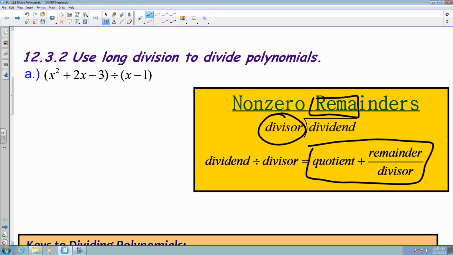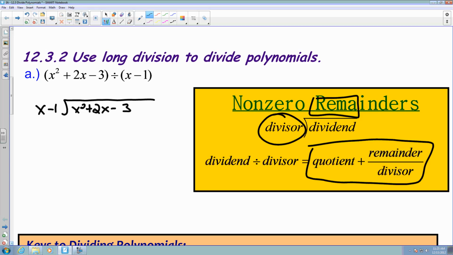Let's do some examples. So I got x squared plus 2x minus 3 divided by x minus 1. Okay. So let's set it up as a long division problem: x minus 1 divided into x squared plus 2x minus 3. Let's look at x minus 1, and our first value inside our dividend is x squared.